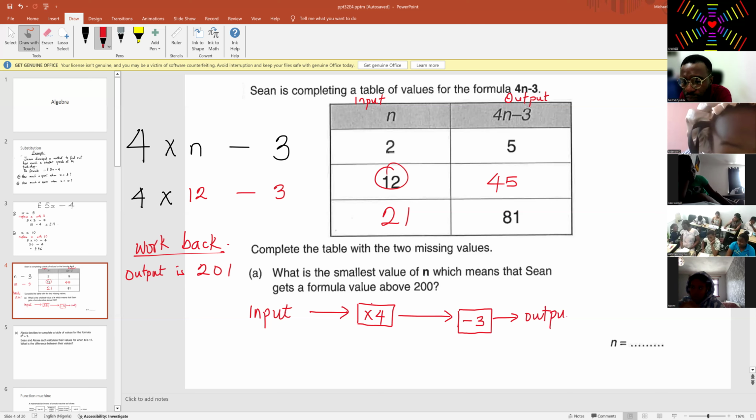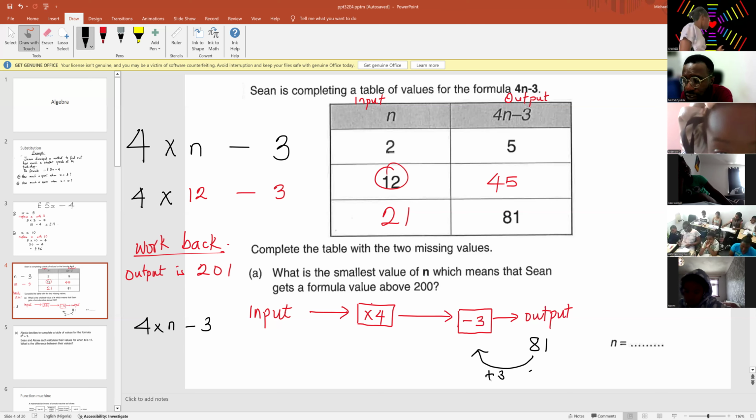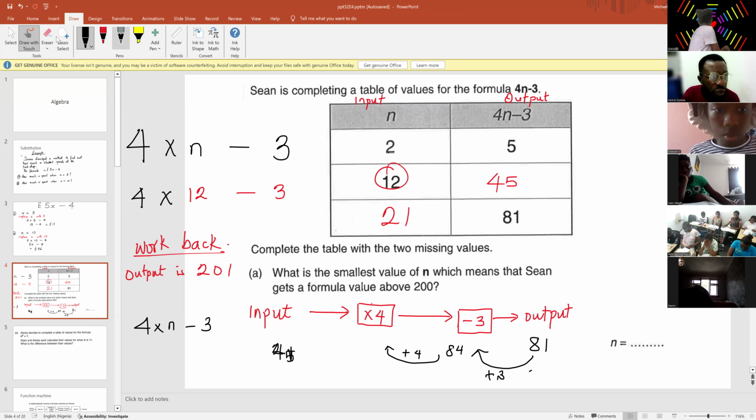So if the input is n, that would be 4 times n, take away 3. Now, the output is 81. Remember, we need to work back. Work back by first adding 3, and that makes 84. Then divide by 4, and that gives 21.